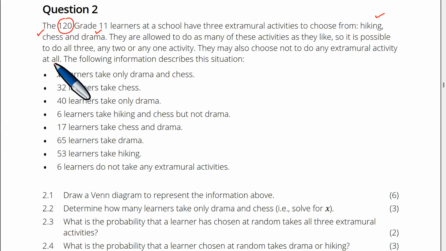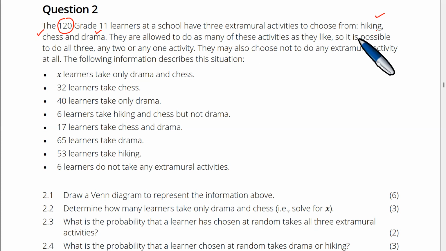Right, so let's get cracking with this one here. So we continue. I'm sure that now we have already seen how to do the Venn diagrams a little bit. Okay, let's continue. They're allowed to do as many of these activities as they like. So it is possible to do all 3.